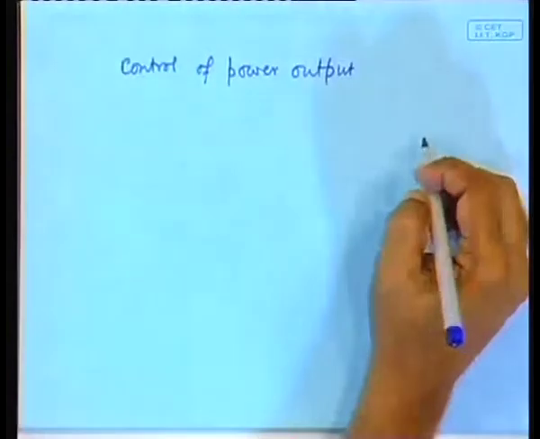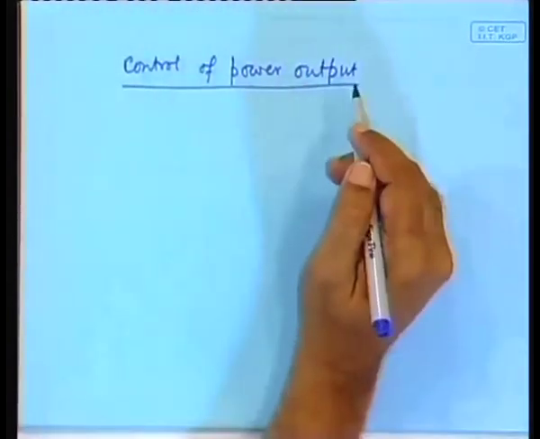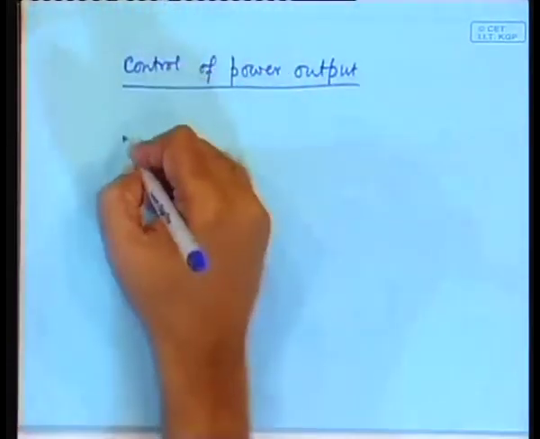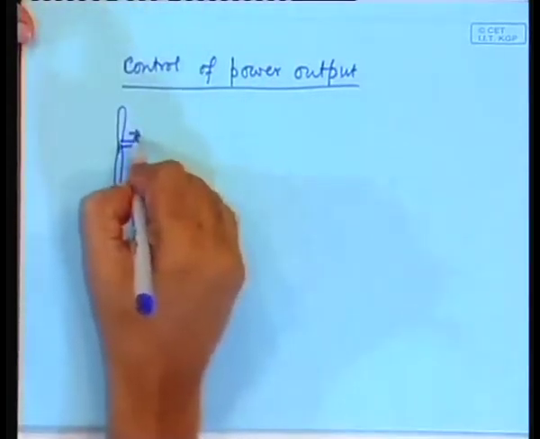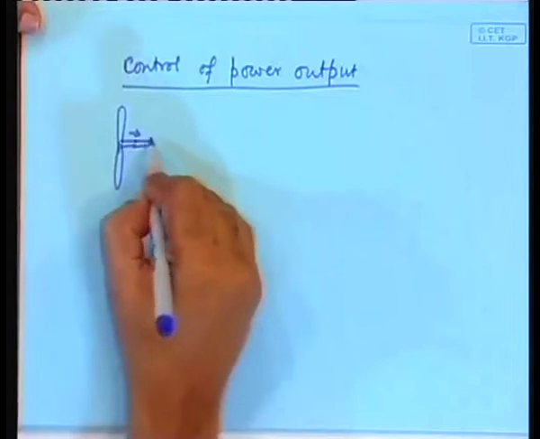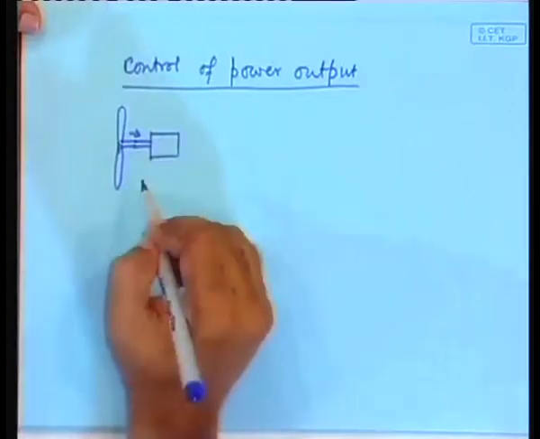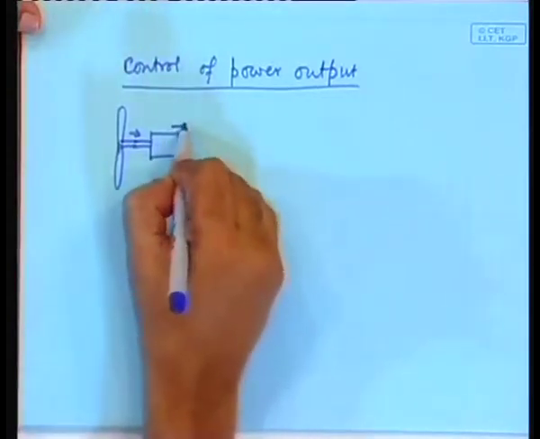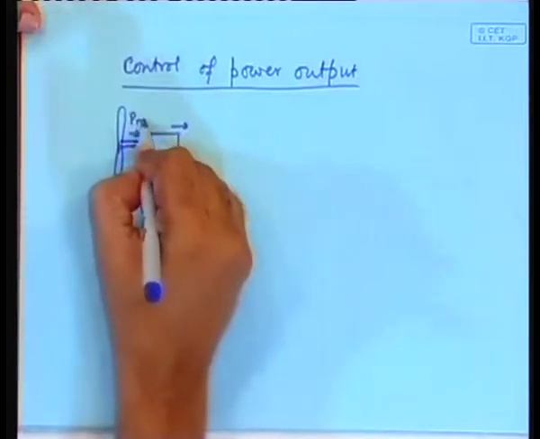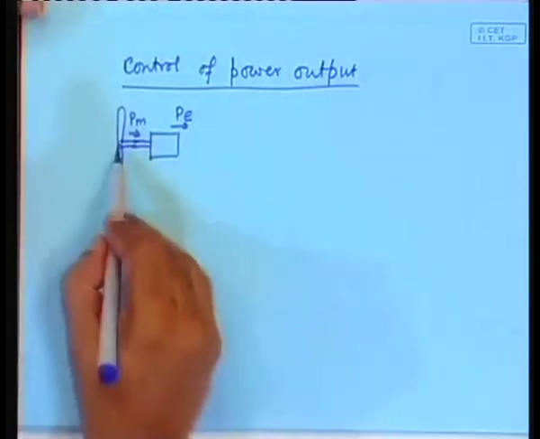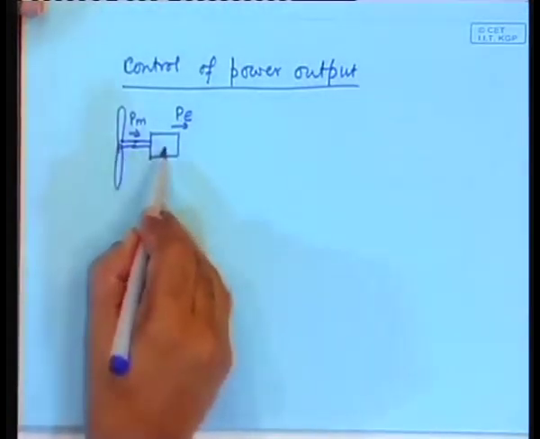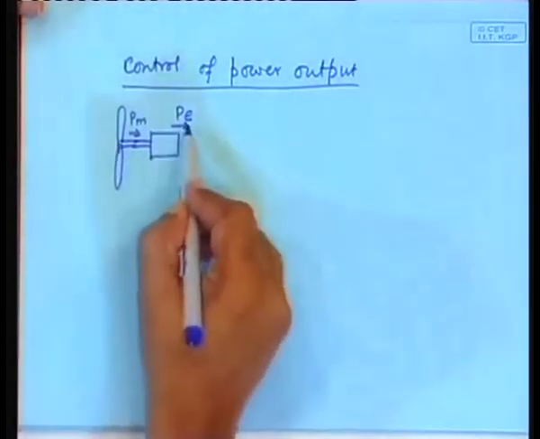Now, if power output is controlled, that means from the wind turbine there is a mechanical power going, and then I am schematically drawing, there is an electrical power. This is Pm and this is Pe. So, a mechanical power is going into the generator and the electrical power is withdrawn.